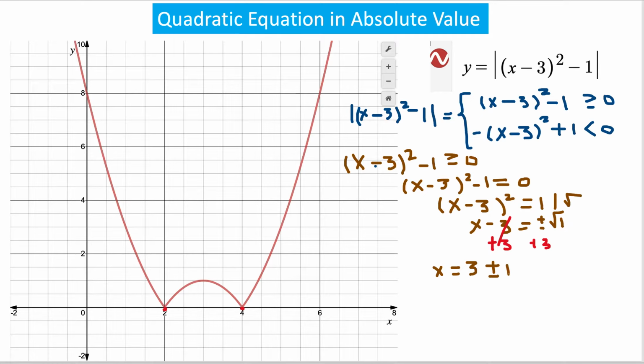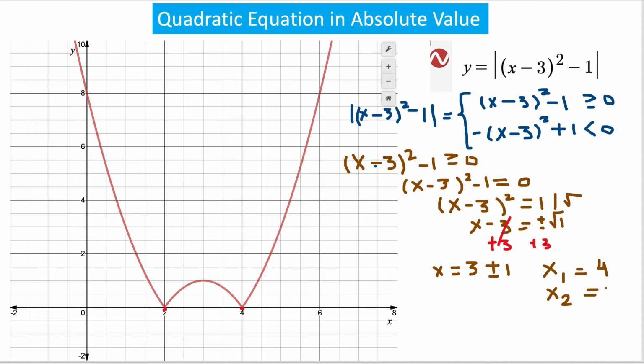In effect, x1 is 3 plus 1, which is 4, so x1 is equal to 4. And x2, 3 minus 1 is 2, so x2 is equal to 2. So we found two roots.